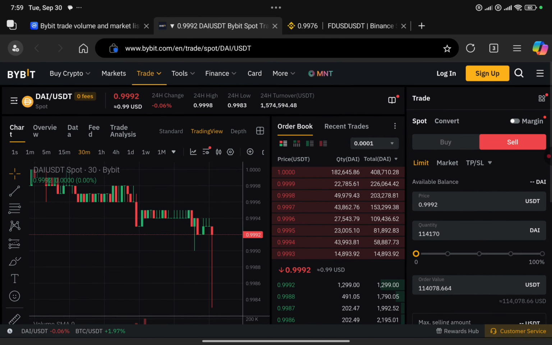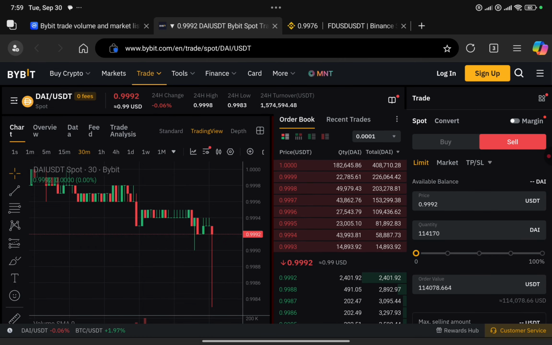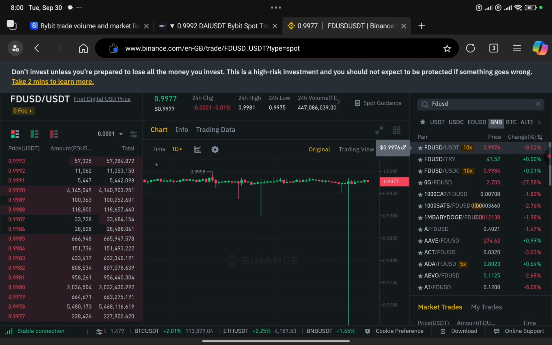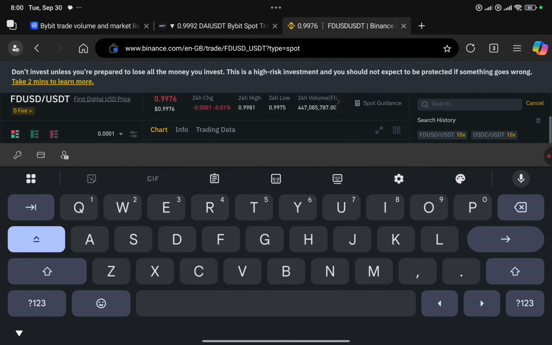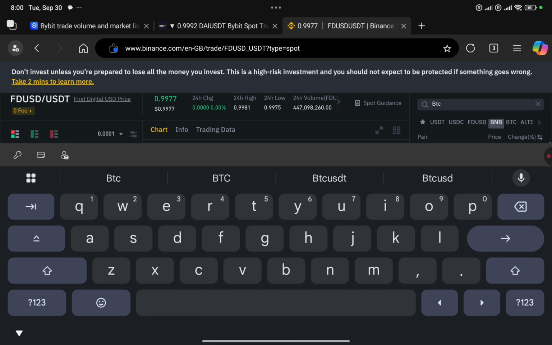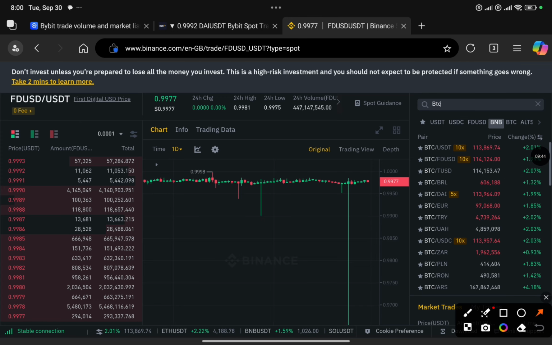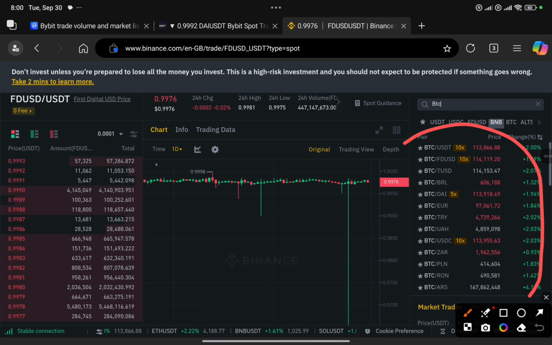Now let's quickly go and take a look at something like Binance, right? Binance is also very good as well with arbitrage. And quickly, just like we did with the Bybit, let's go ahead and type BTC USDT. And it has over here the prices. Now in Binance, you're supposed to take a look at it in this section, because this is where they list theirs, right?